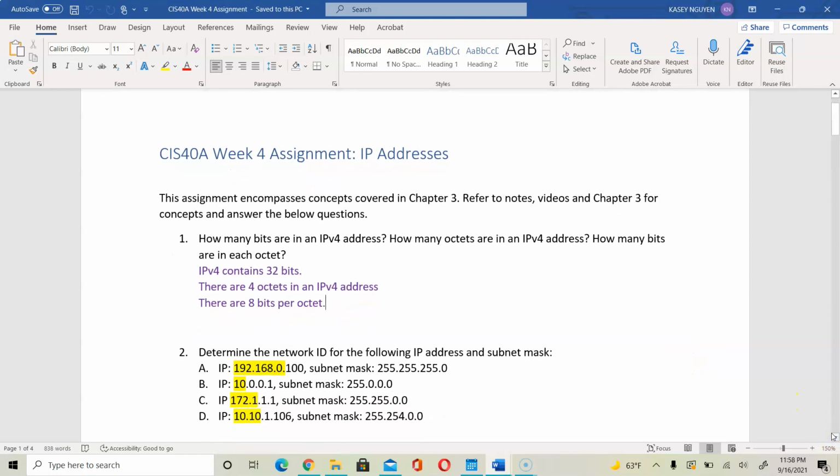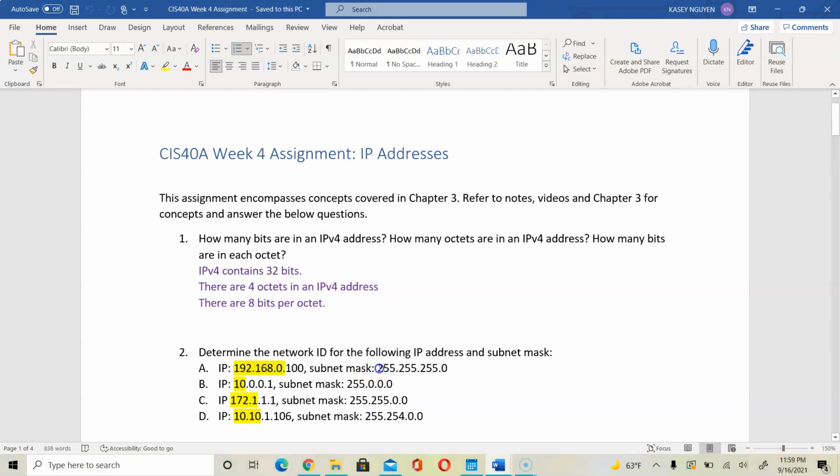The next question asks you to determine the network ID for the following address and subnet mask. The first IP is 192.168.0.100, and the subnet mask is 255.255.255.0. Because this is a Class C address, in a traditional Class C address the first 3 octets represent the network ID.